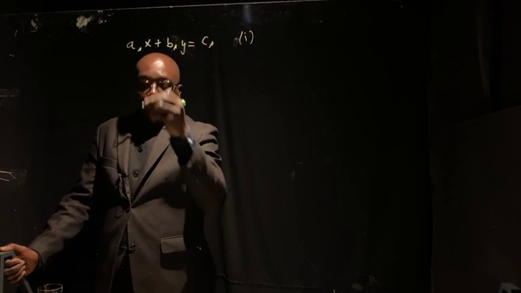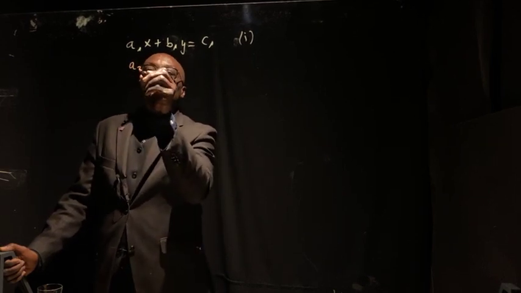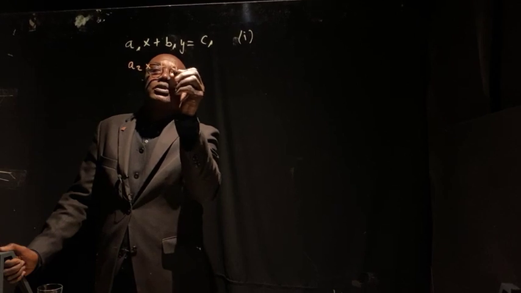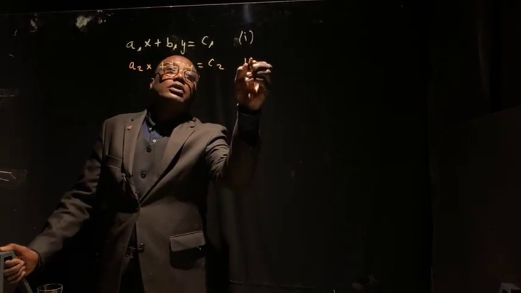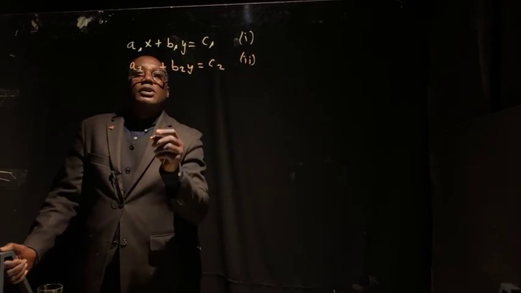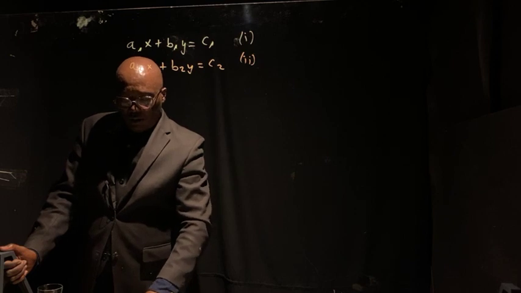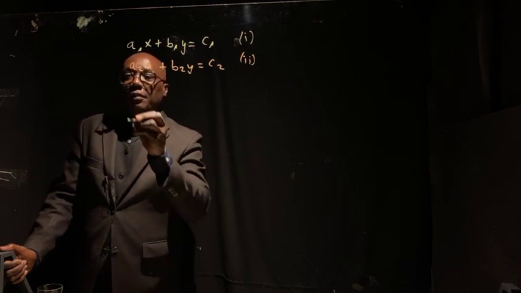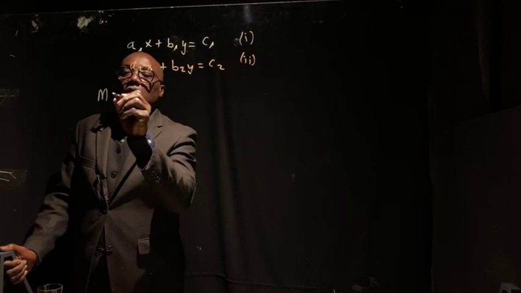Likewise, if you have the second equation being A2x plus B2y equals C2, equation 2. Now, these equations can be expressed in matrix form. So matrix form, I'll call it matrix M.